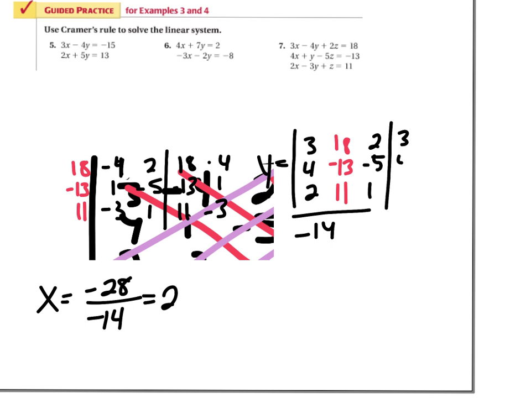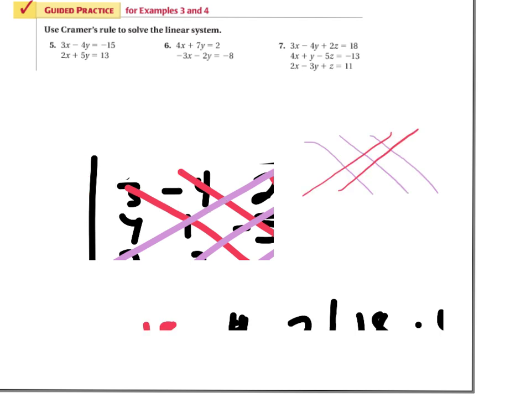And then rewrite down the final 2 columns, 3, 4, 2, 18, negative 13, and 11. And I will pause the video and find the determinant. You do the same thing as well. Okay, well, for my numerator, I got a 14, and my determinant in the denominator is a negative 14, and so y is a negative 1.